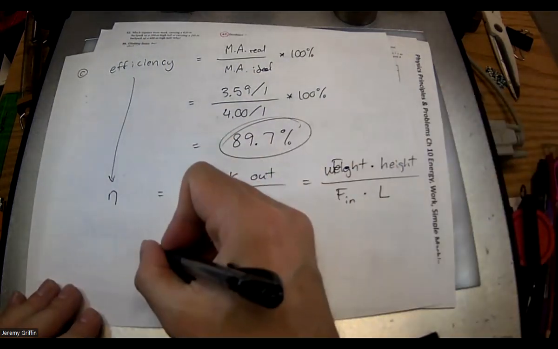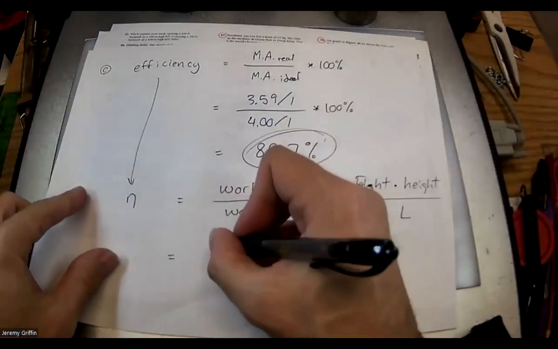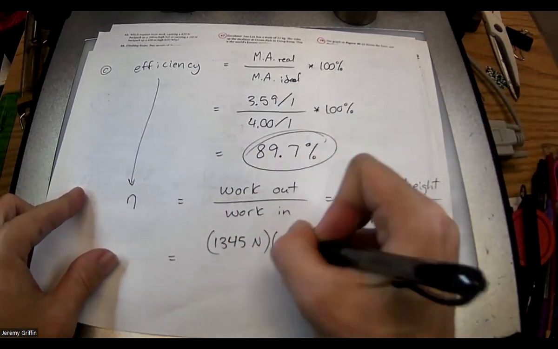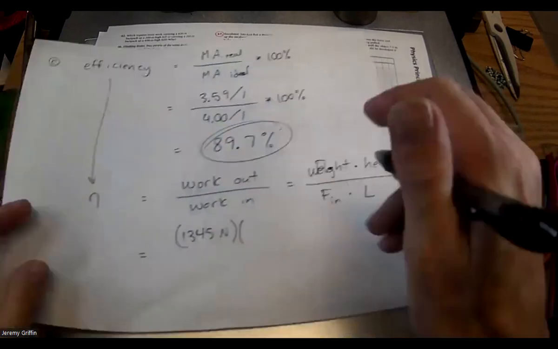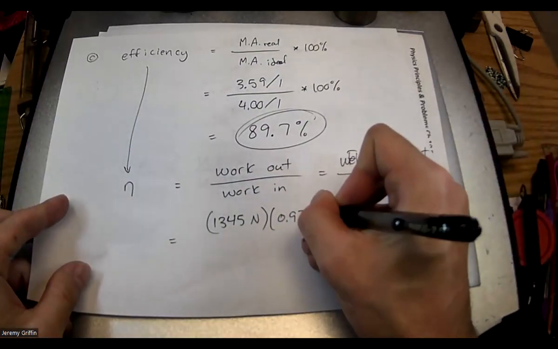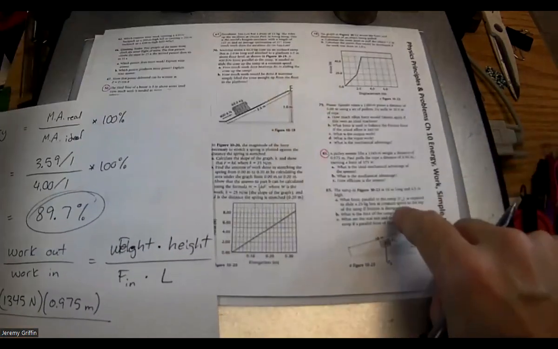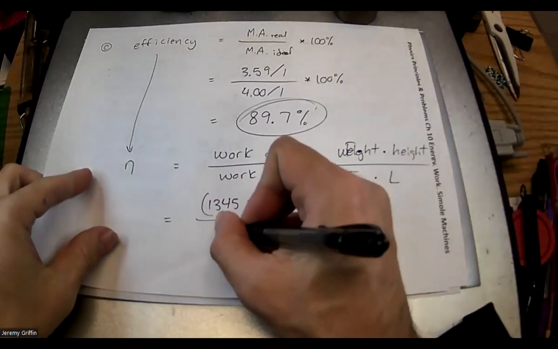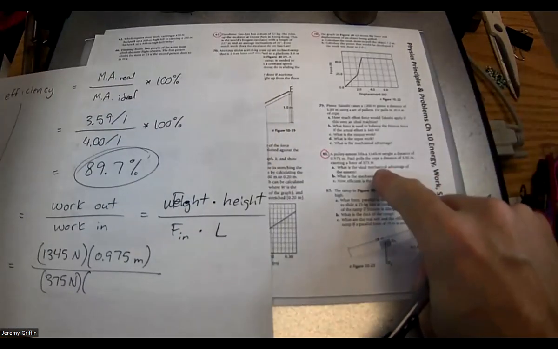So this was a 1345 newton weight. It was lifted a height of 0.975 meters. He was inputting a force of 375 newtons, but he pulled lots of rope.